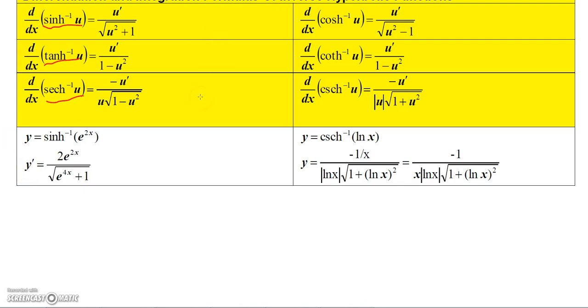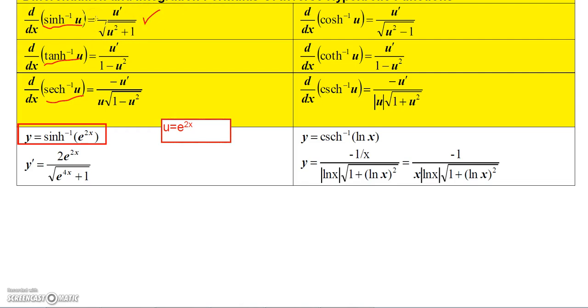If you take a look at my function here, that's the inverse hyperbolic sine of e to the 2x. So in that case, I know that u is e to the 2x.